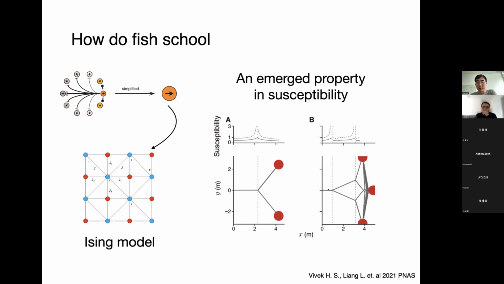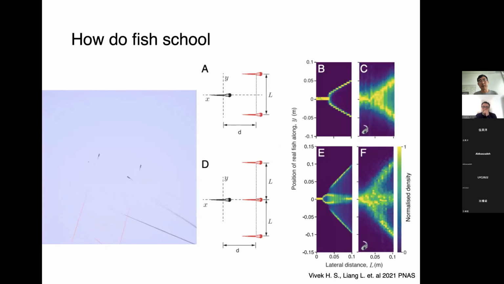This helps the individual make decisions quickly and then move to the next decision point. And this increases the efficiency of decision making. This property emerges and is not designed in the system. So we can also test this with the two real fish system and also the three virtual fish system, to see how the real fish make decisions. And we see they show similar things to what we predicted.